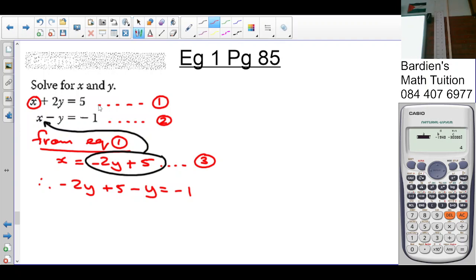So what is it now? Negative 2y minus y is equal to negative 1 minus 5. We have negative 6 equal to negative 3y. Divide by negative 3 on both sides, therefore y is equal to?